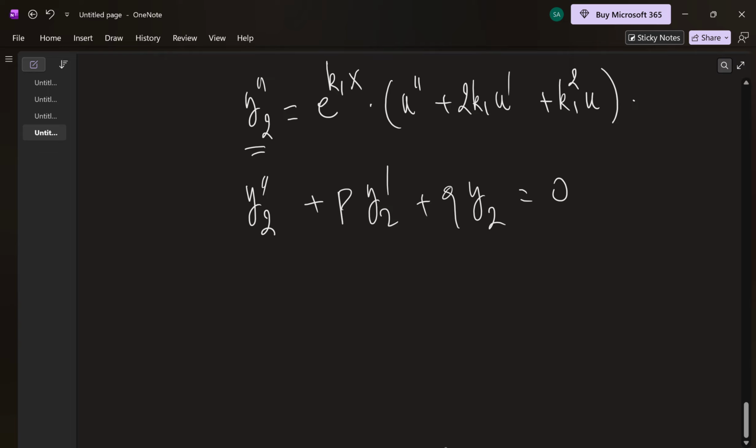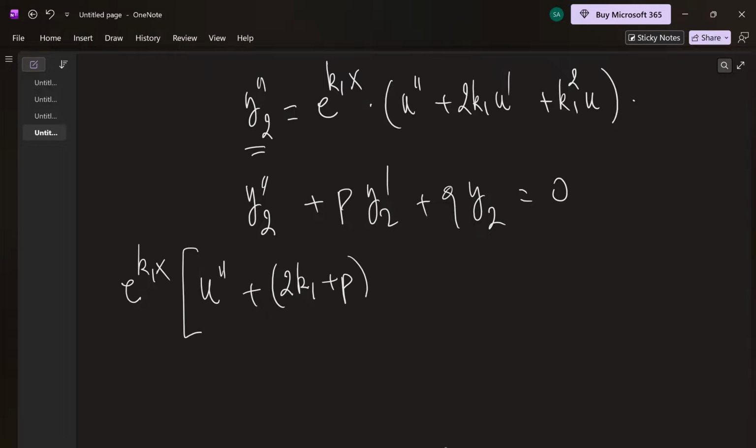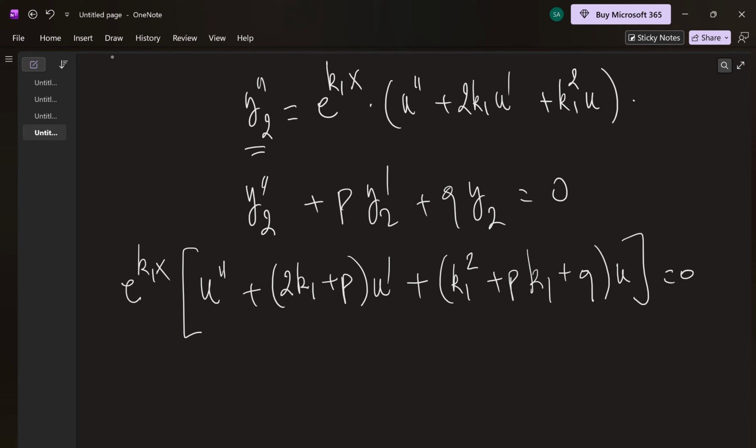Now if you substitute, you will get exponential k1 x times u double prime plus 2 k1 plus p times u prime plus k1 squared plus p k1 plus q times u is equal to 0.